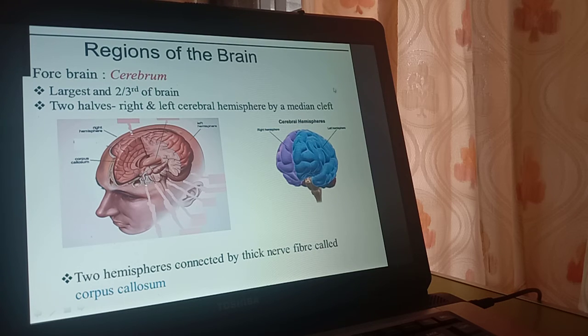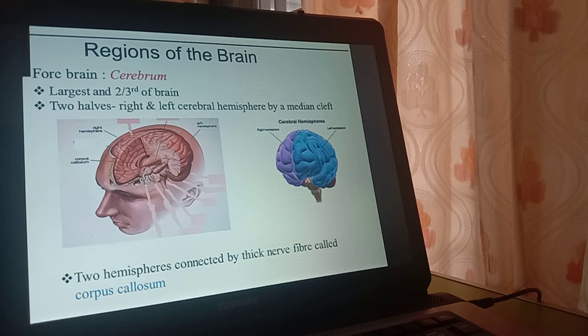Yes, so the cerebrum occupies 2/3 of the entire brain. 2/3 of the entire brain is made up of, or rather occupied by, the cerebrum. And this cerebrum has two parts. I hope it is clear to you. You have two parts, that is the left hemisphere and the right hemisphere. We call them the left cerebral hemisphere and the right cerebral hemisphere, with a median cleft, some sort of a partition or a depression.